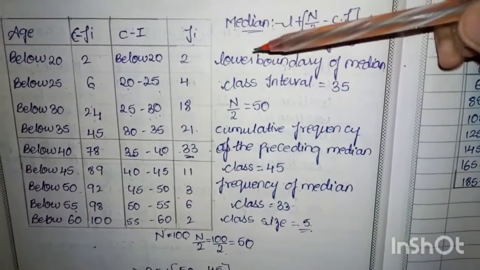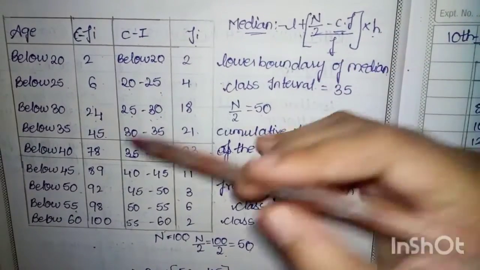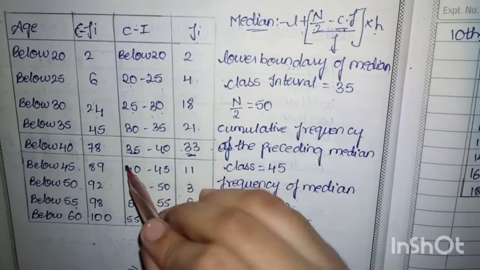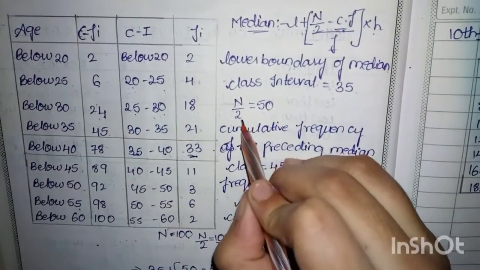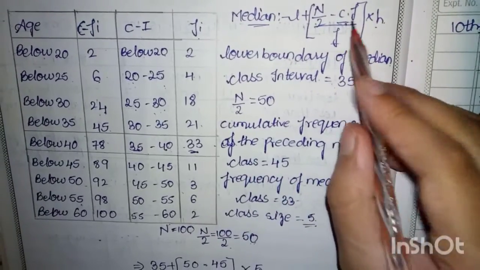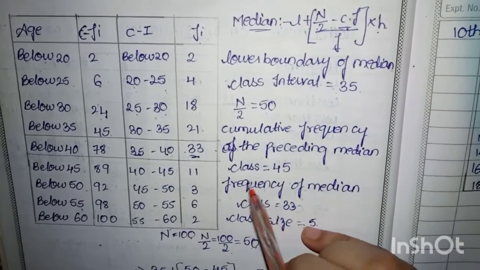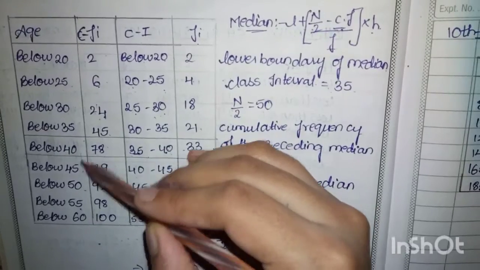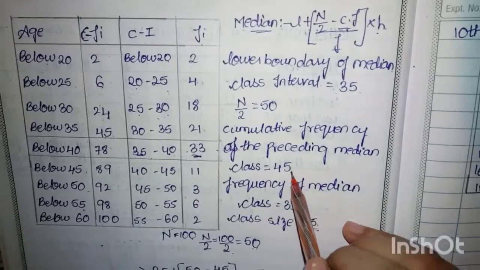L is nothing but the lower boundary of the median class interval. What is the lower boundary of the median class? It is 35. So L equals 35. Next, n by 2 we already found, that is 50. Next is CF, the cumulative frequency of the preceding class of the median class, not the succeeding or the same one. It is equal to 45.